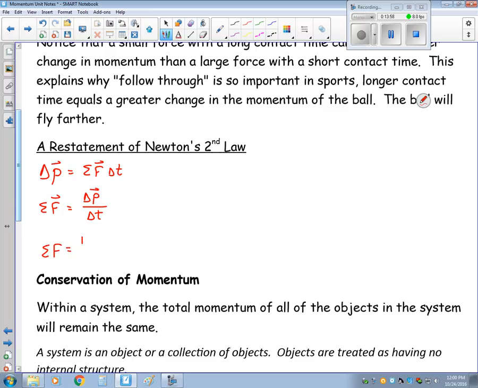So I get the mass times final velocity minus mass times initial velocity. Make sure those are all vectors, with time. And again, I can factor out the mass, so I see that the net force equals mass times change in velocity with respect to time. Change in velocity over time is acceleration, so I see that the net force equals mass times acceleration.